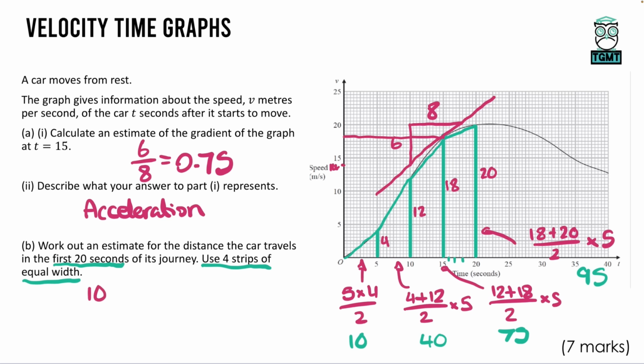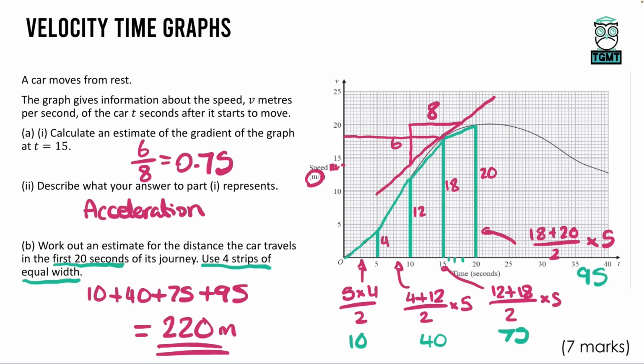So the total, we have 10 plus 40 plus 75 plus 95, and that gives us a total of 220. The units are meters per second, so that's 220 meters.